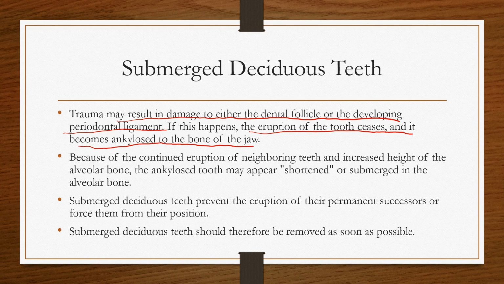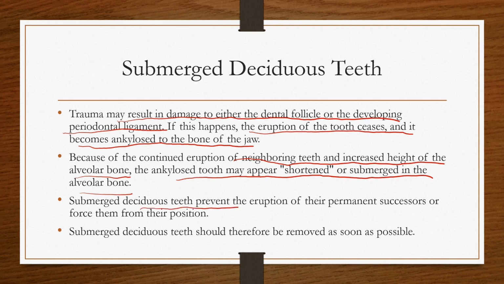Either the dental follicle or the developing periodontal ligament may get damaged. If this happens, the eruption of the tooth ceases there and it becomes ankylosed to the bone of the jaw. Because of the continued eruption of neighboring teeth and increased height of the alveolar bone, the ankylosed tooth may appear shortened or submerged in the alveolar bone. That's why it's called submerged.